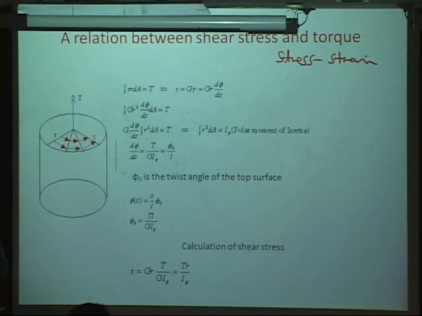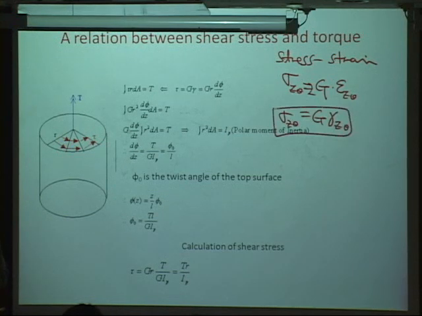Stress is simply sigma z theta equal shear modulus G times epsilon z theta times 2. So simply G times gamma z theta. Okay, sigma z theta is simply G gamma z theta.